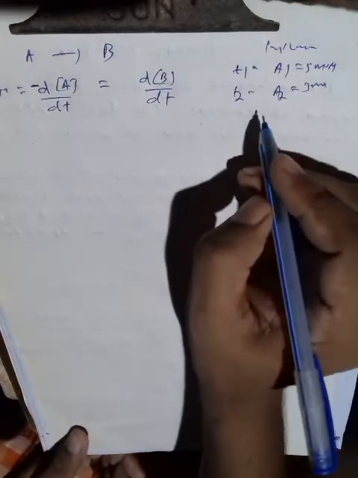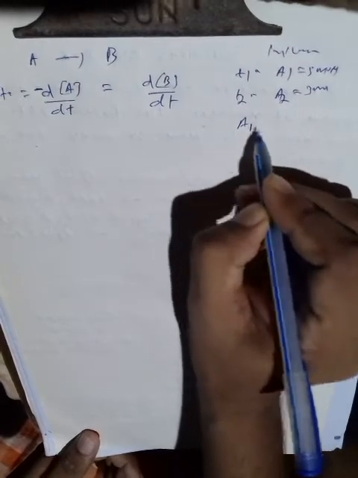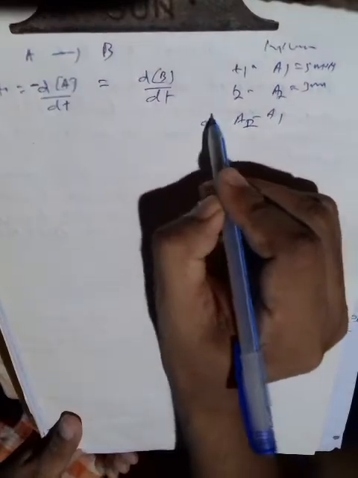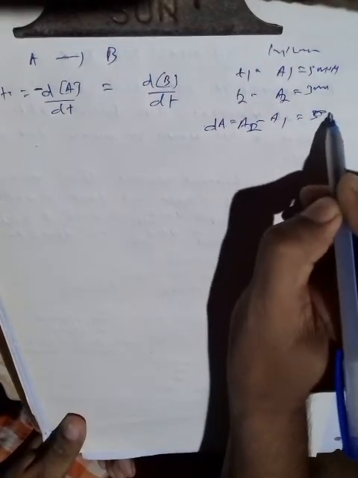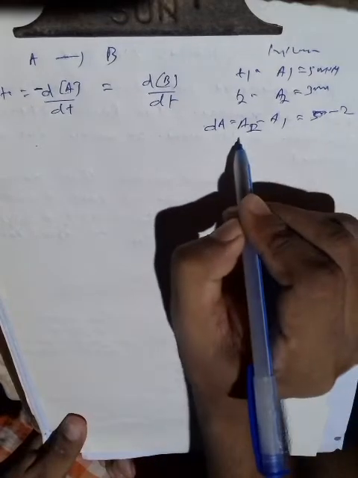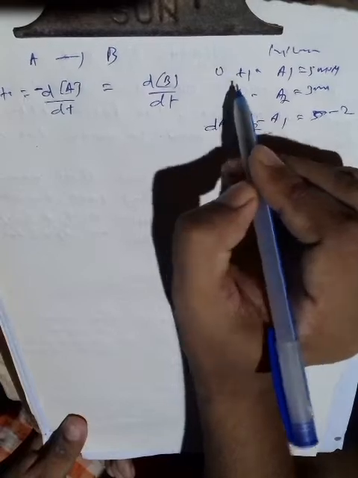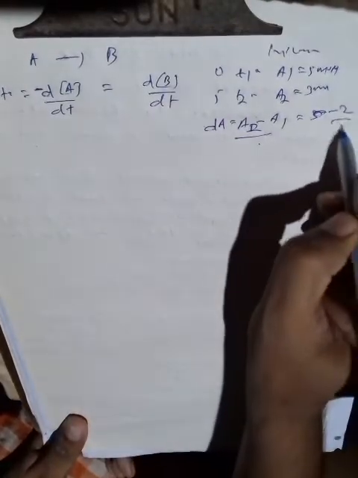Okay, now you can calculate here the change in concentration of reactant. I can write final minus initial, dA, that is equal to how much? 3 minus 5 or minus 2. And the time interval, suppose this is at 0 time, this is after 5 minutes, so the time interval is t2 minus t1, 5, so minus 2 by 5.